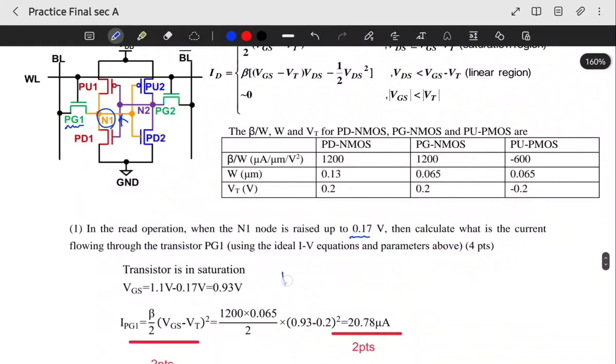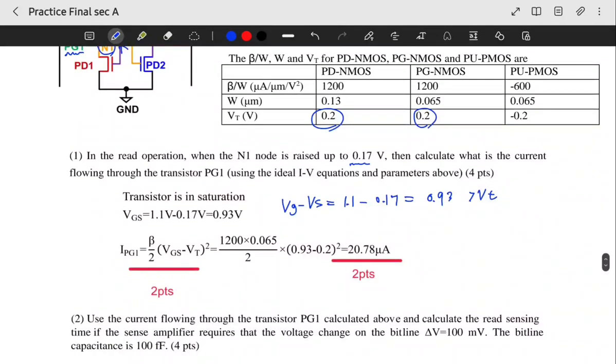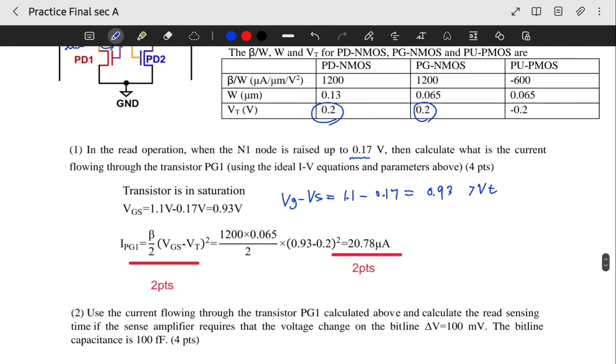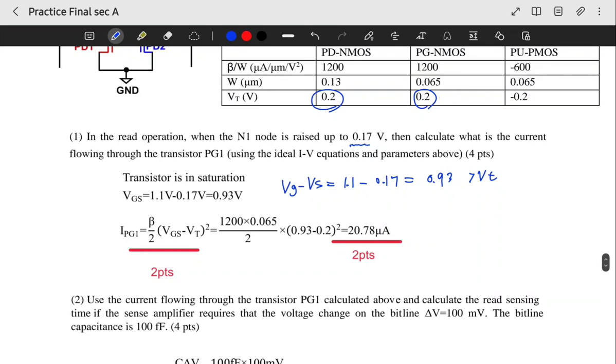So you have VG minus VS equal to 1.1 minus 0.17, which is 0.93, much greater than VT, which is 0.2 all the way. So you can use ID equal to beta over 2 times (VGS minus VT) squared. The beta is already given, and VGS and VT are also given. Once you plug in, you can get 20.78 microamp.